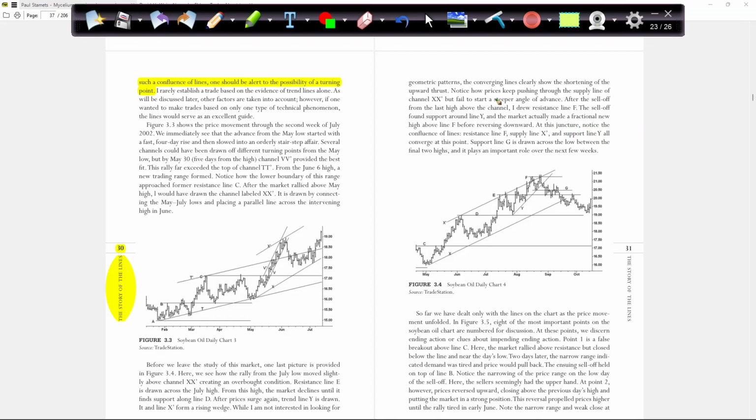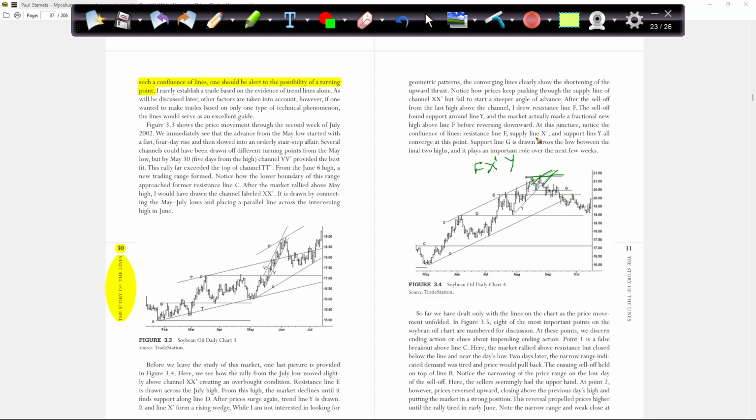At this juncture, notice the confluence of lines: resistance line F, supply line X prime, and support line Y all converge at this point, right? Here, all meet here.